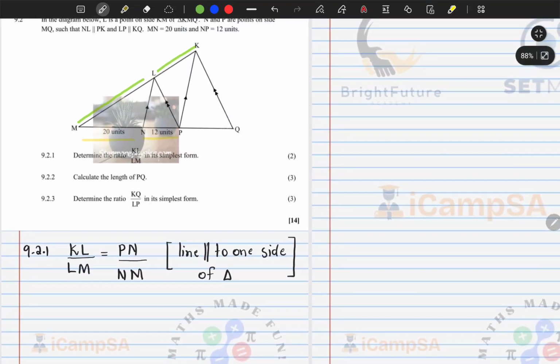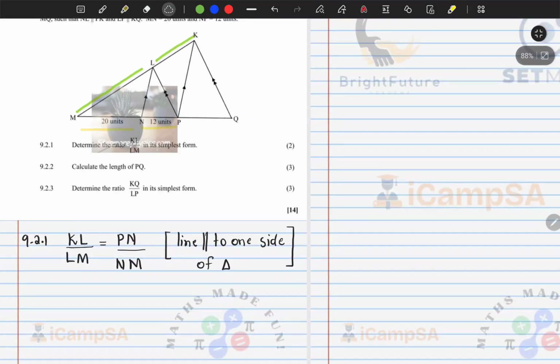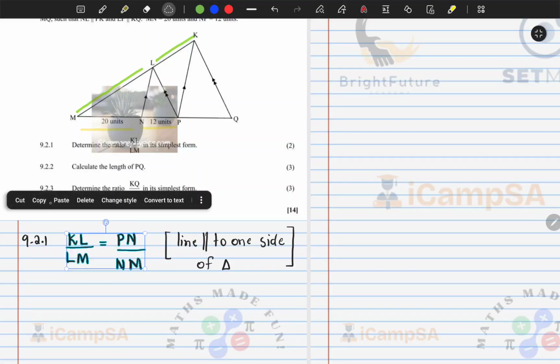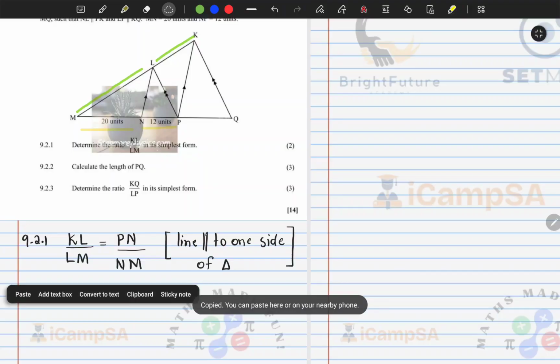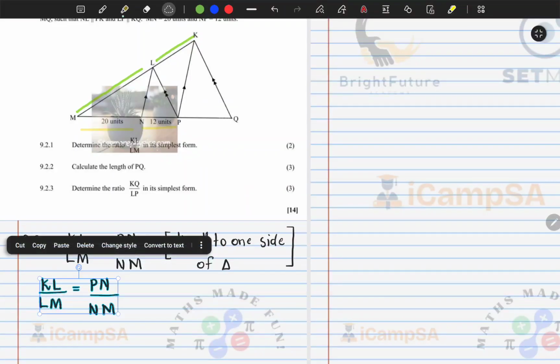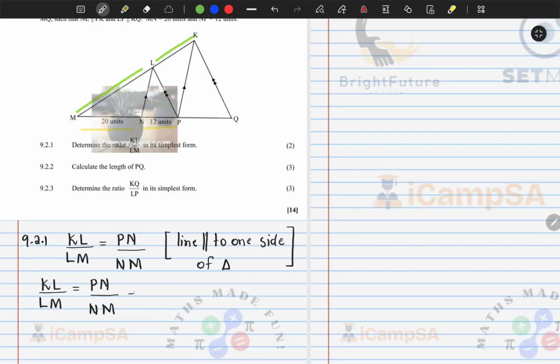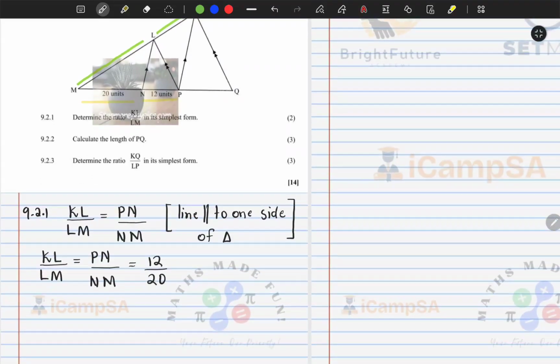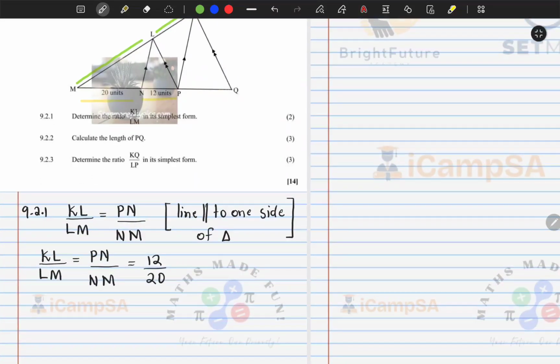Now we know the values that describe the side here. So what we essentially have is 12 divided by 20, and that is all you needed.